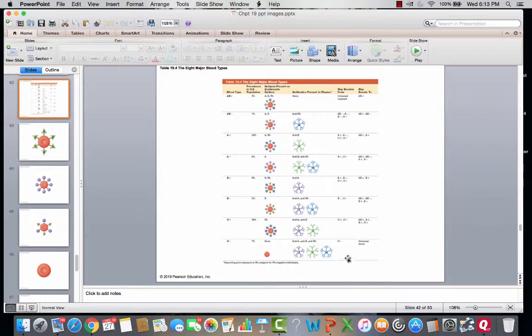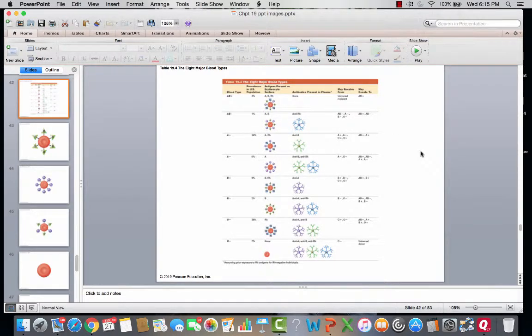And that's why we need to match blood types so closely during transfusion. Because if they don't have type A antigens, they already have antibodies ready to attack those foreign antigens when they enter.